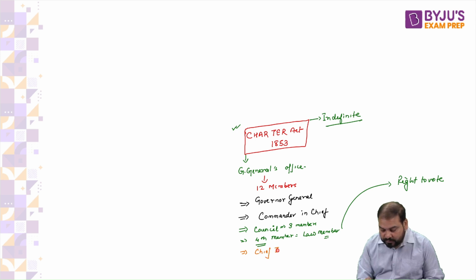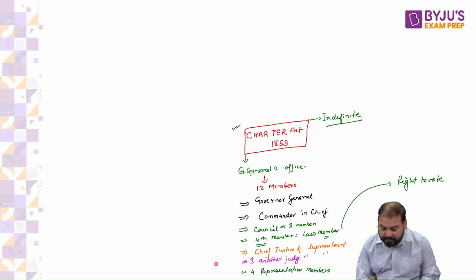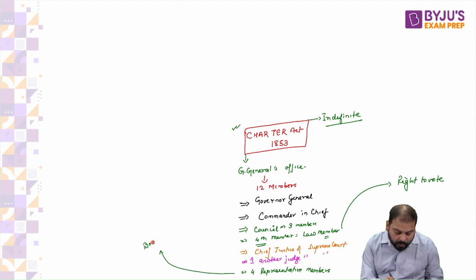Chief Justice of the Supreme Court and one other judge, again of the Supreme Court. And lastly, 4 representative members. These 4 are from which place? Bombay, Madras, Bengal, and Northwest Province.